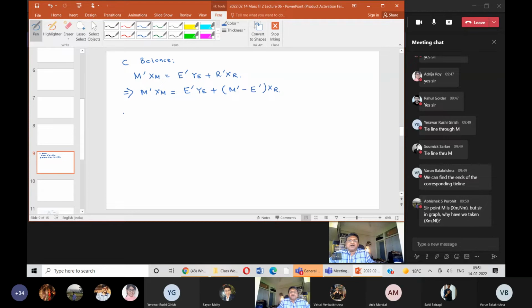And from here, you can find out that E dash is equal to M dash into (XM minus XR) divided by (YE minus XR). So all these are known now. M dash is known. So what happens is E dash gets known.